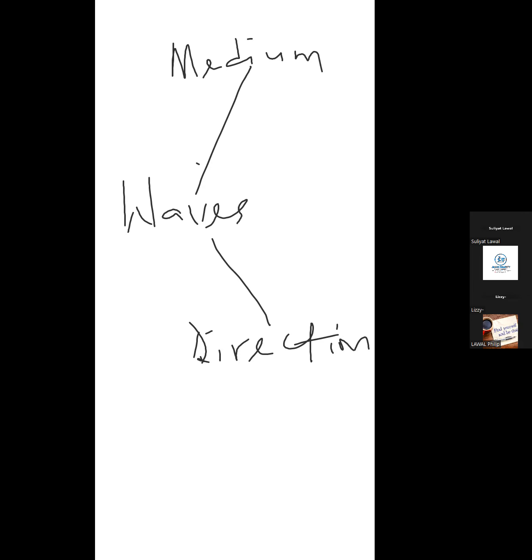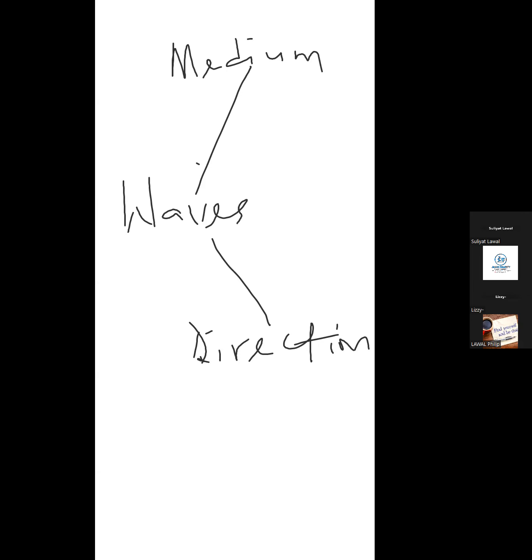Is there anyone who can remember that? Transverse wave. That's what we call it. Maybe now that you remember transverse, let me see if you can remember the other one. If the material medium and the wave are traveling in the same direction, not necessarily the same, but in a parallel direction, what do you call that? You call it a longitudinal wave.